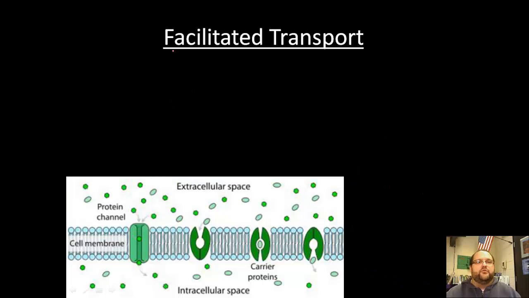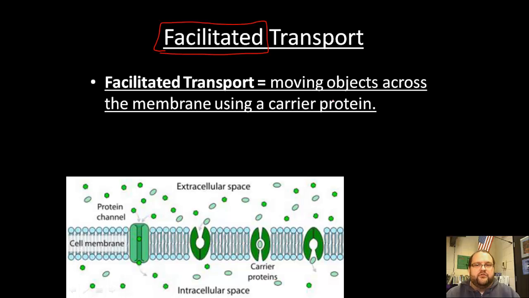Okay? There's one other type of diffusion, or another type of passive transport, and this is facilitated transport. So this is diffusion, but it needs some help. That's what facilitated means, like requires help. So this is where we move objects across the membrane, and we use a protein to help out, called a carrier protein.